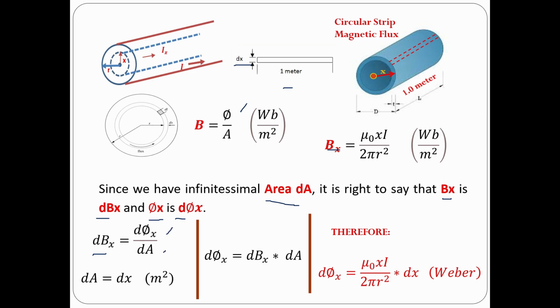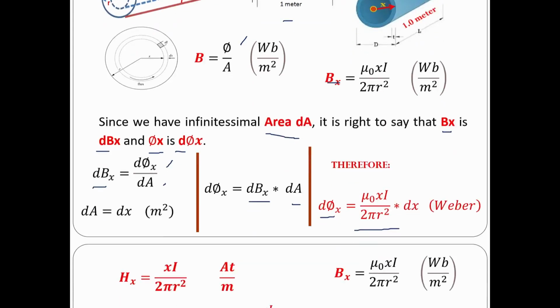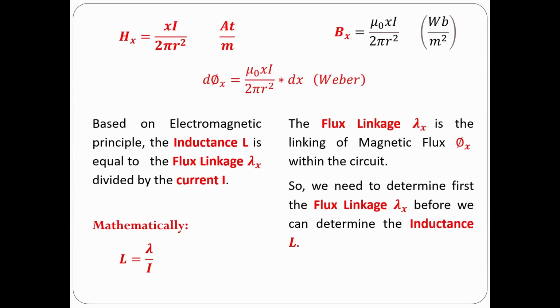Equating, d flux x is equal to dBx times dA. Substituting the values of dBx and dA in the formula, d flux x is equal to mu naught xi over 2 pi r squared times dx. If you notice, we started from Ampere's law to get Hx, then from Hx we got Bx, then from Bx we got d flux x.